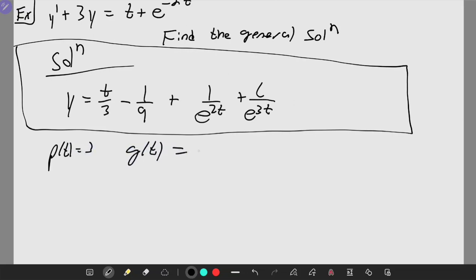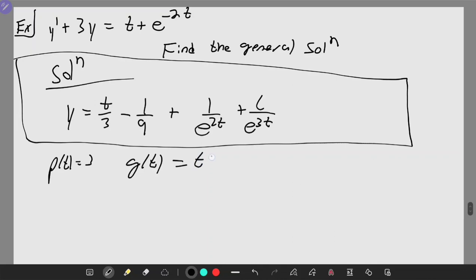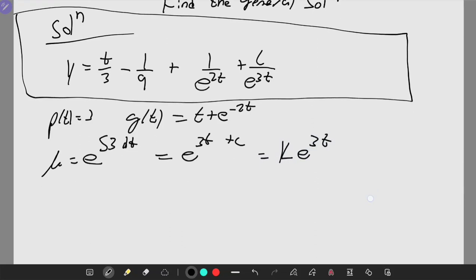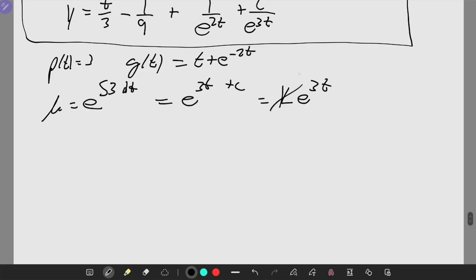Our G of t is equal to t plus e to the minus 2t. Mu would be e to the integral of 3 dt. That's e to the 3t plus c. That's equal to k e to the 3t. K is 1. So that tells us our integrating factor is equal to e to the 3t.